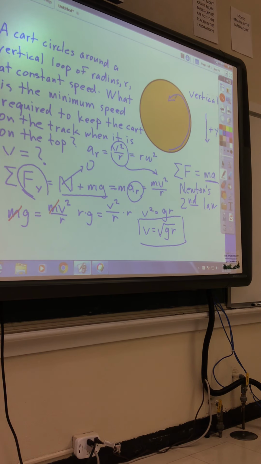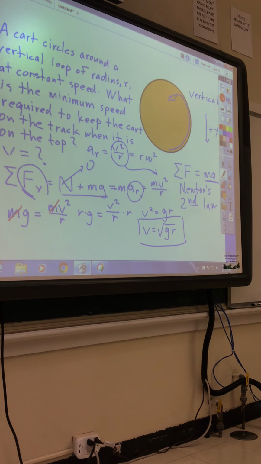Welcome to the world of physics. Now, this problem: what is the speed if r is 10 meters? Just plug it in here. It's just plug and chug. What answer did we get?